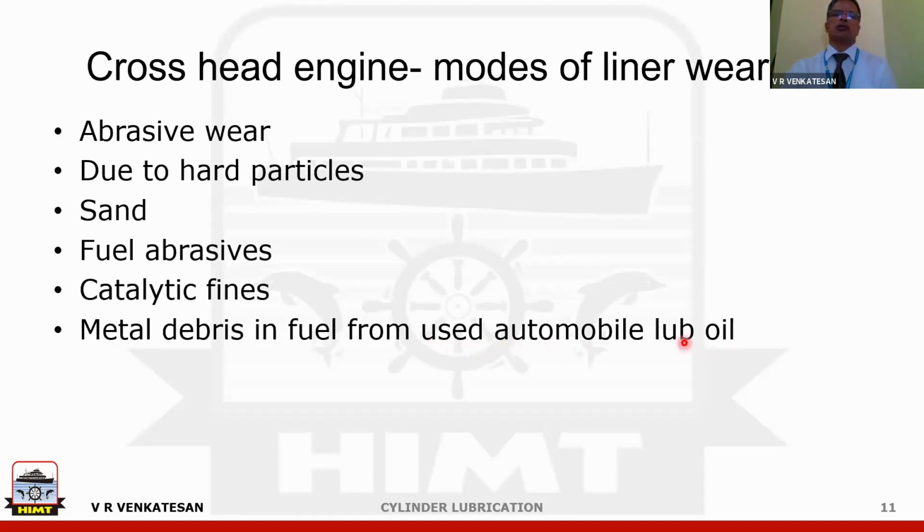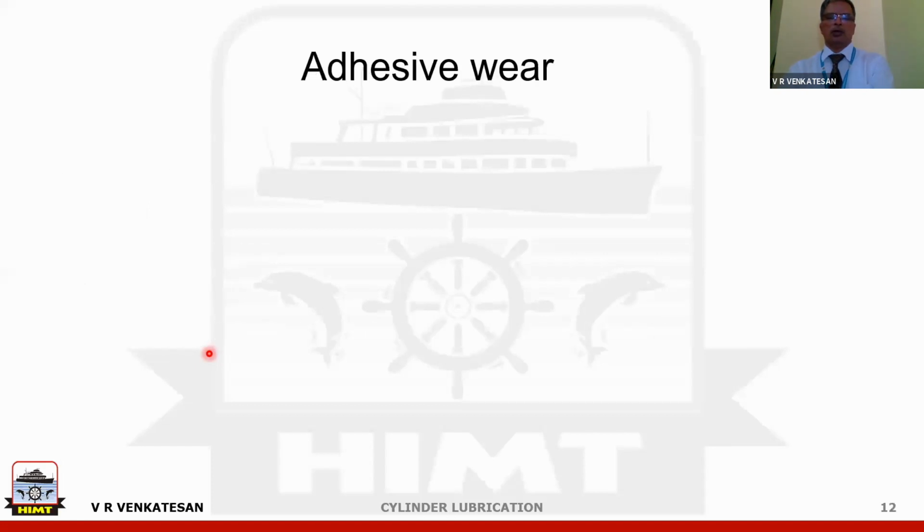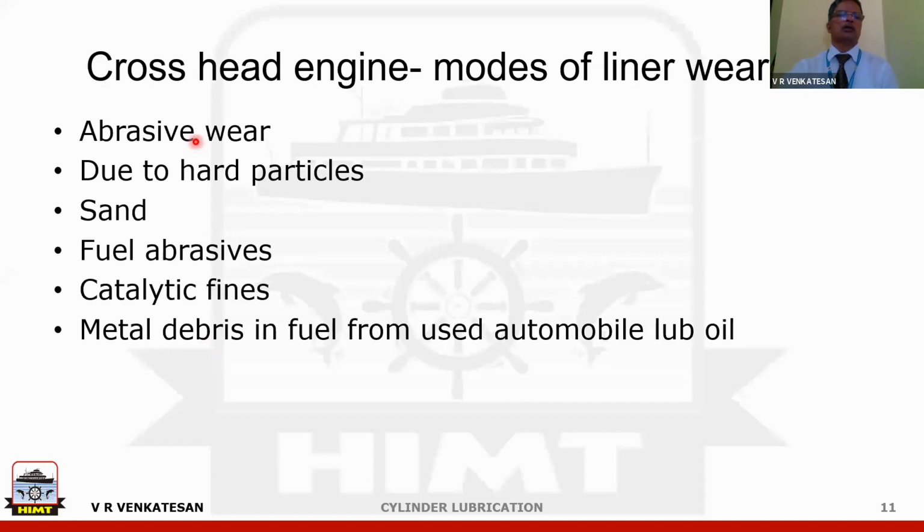With used automobile lube oil, metal debris is also added to this. Even though the ISO 8217 standard is trying to curb this, it is not fully eliminated. So they will still have automobile lube oil mixed up in bunker, and that lube oil can carry weighed-down metal particles. So these are the reasons for abrasive wear.